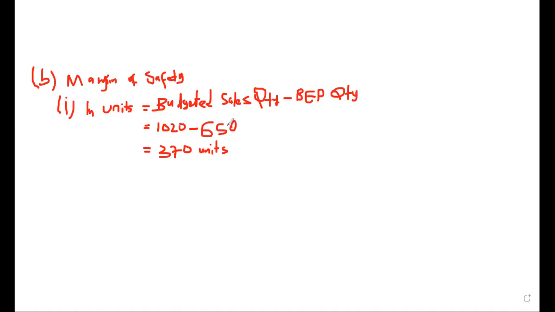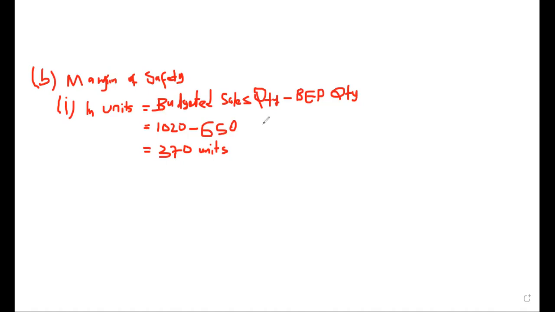So from 650 going up, we should be making 650 units plus or over 650 units, because at 650 units, that is our break-even point, meaning that here we are neither making a profit nor a loss.